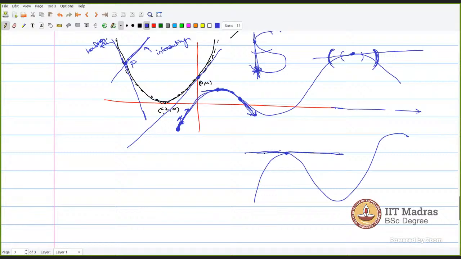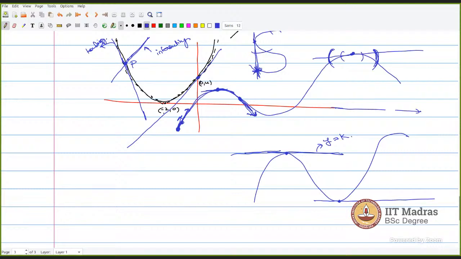If I draw a tangent here, the equation of this tangent will simply be y equals some constant k, which is parallel to the x-axis. Once it is parallel to the x-axis, the slope of that line is 0. Likewise, this is also a turning point, and if I draw a tangent at this point, the slope of this tangent will also be 0.